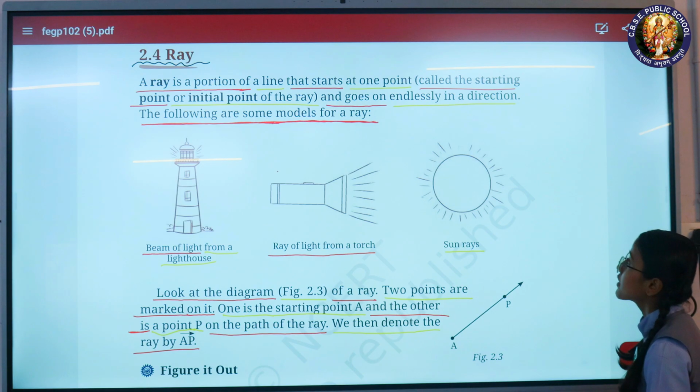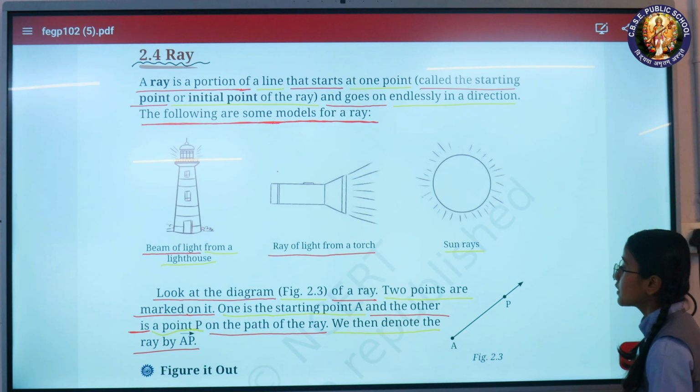The following are some models for a ray. Beam of light from a lighthouse. Ray of light from a torch. Sun rays.